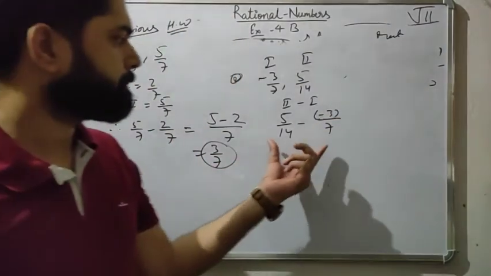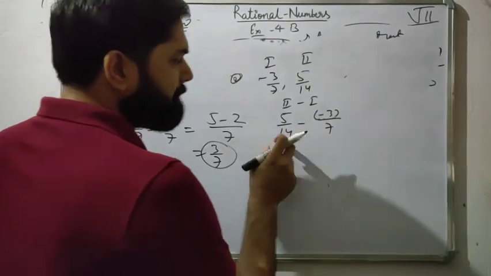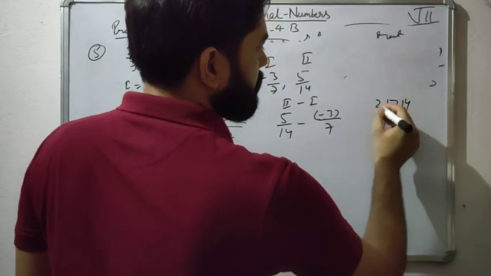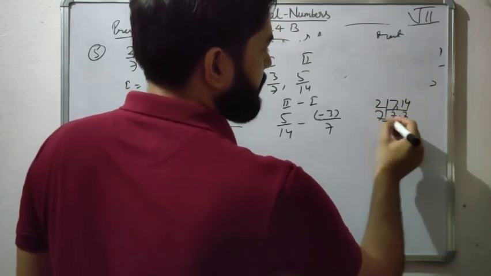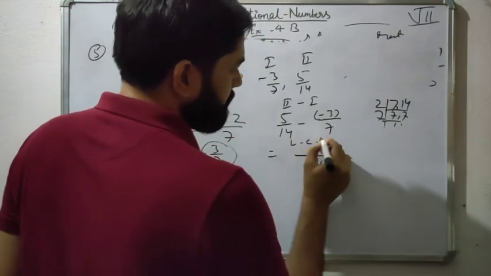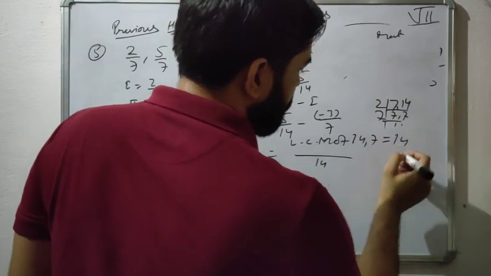So different denominators. You take the LCM. LCM will be 14, but we can check: 14 is 2 times 7, 7 is 7. So the LCM of 14 and 7 is 14.